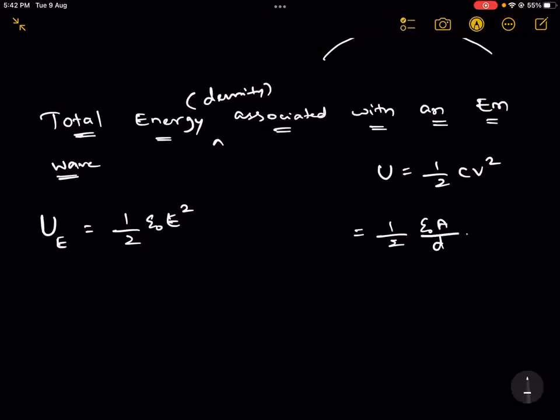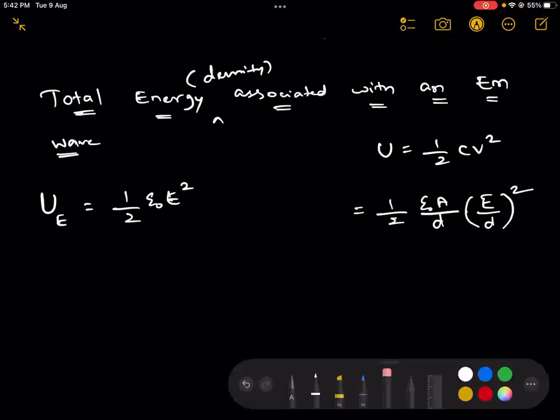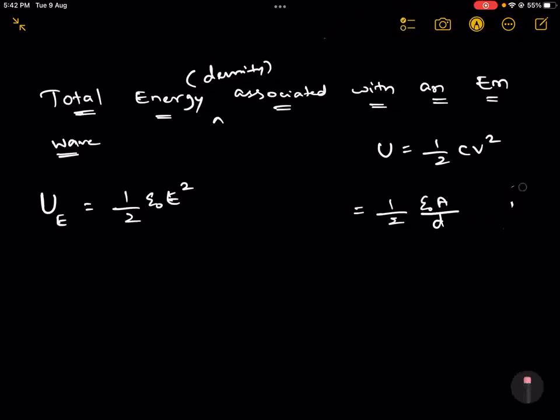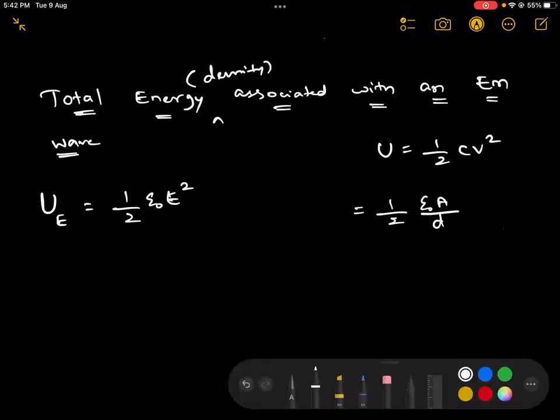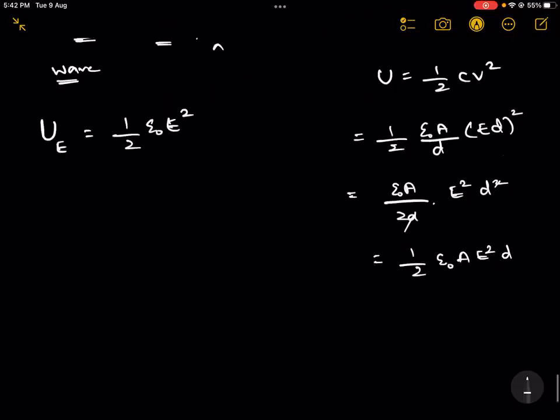V is equal to E into d. So it will be E squared d squared. So epsilon naught A divided by 2d into E squared d squared. d and d get cancelled. Half epsilon naught A E squared into d. So this is the energy.